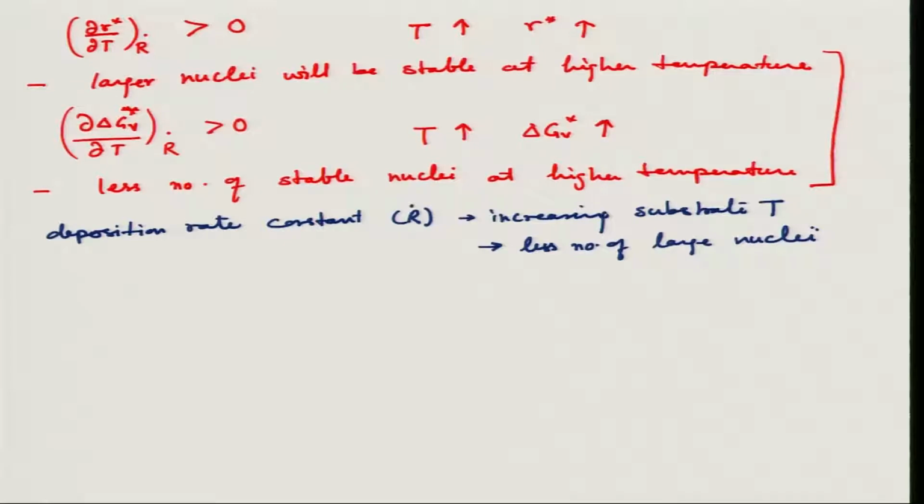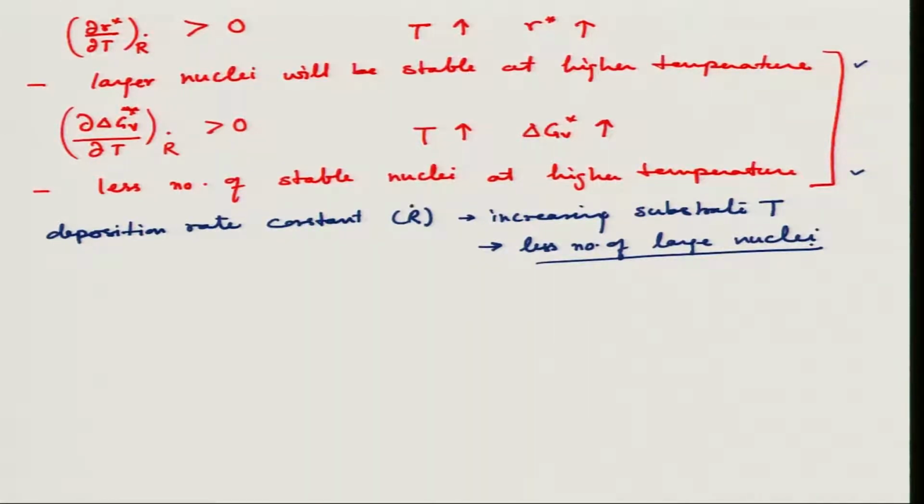Okay. So, fewer large nuclei. And if you keep the growth of the film constant, then these fewer large nuclei will grow and form the film. Okay. Let us discuss the other part also.